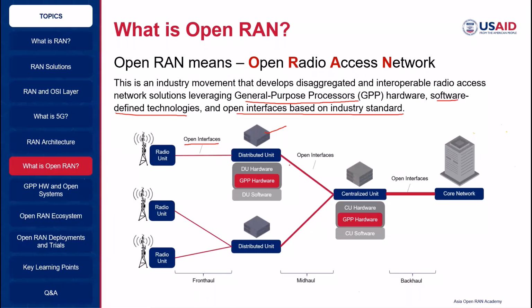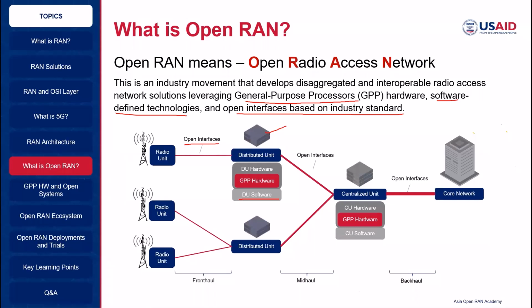You can buy an x86 processor from any OEM or ODM manufacturer. The distributed unit is on general purpose processors, and you can have software that is also capable of being installed in any of those hardware.